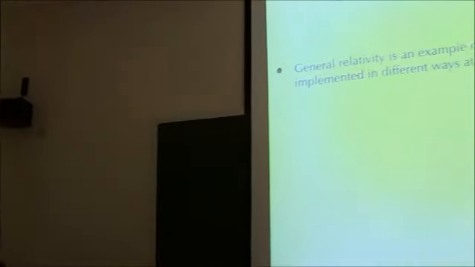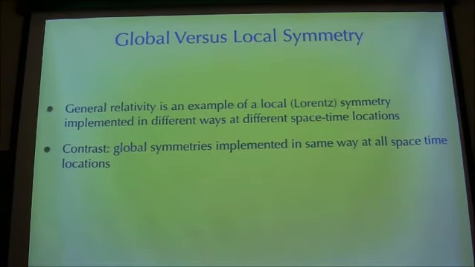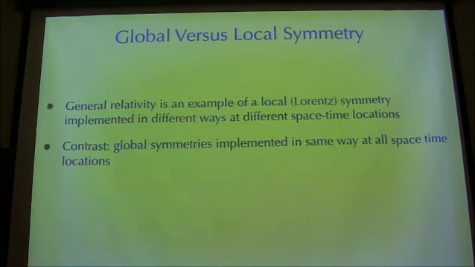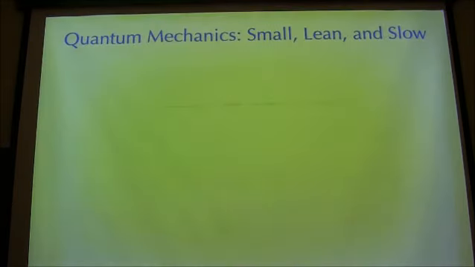We implement it in different ways at different space-time locations. But in contrast to that, we implement global symmetries in the same way at all space-time locations. And it turns out that all theories of fundamental interactions are based on these local symmetries.